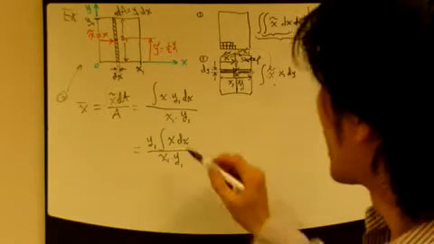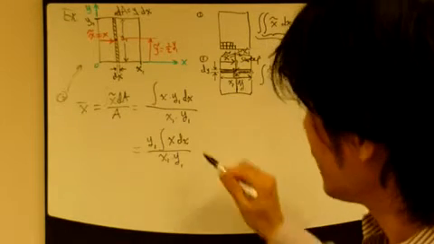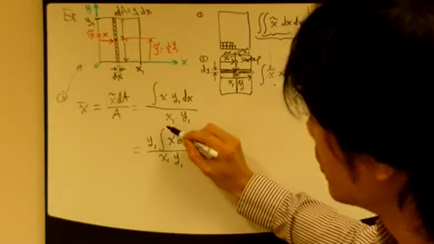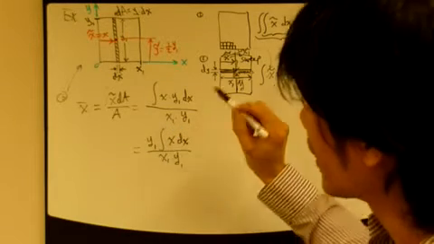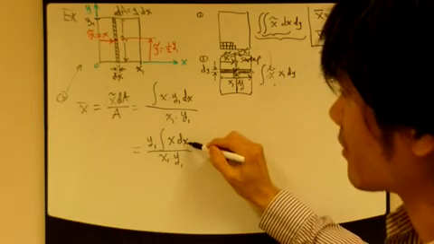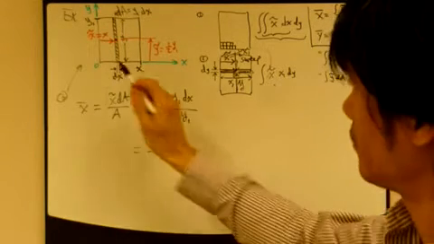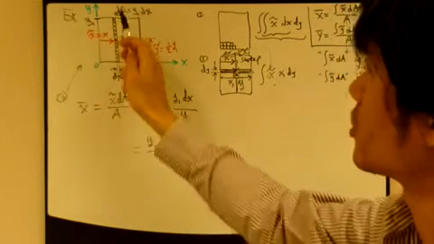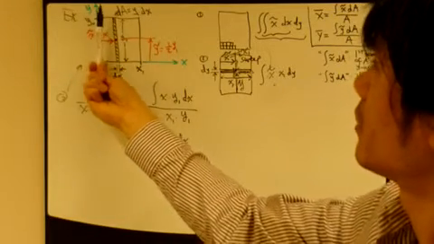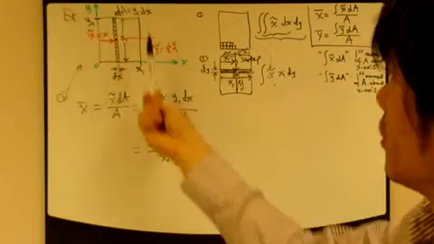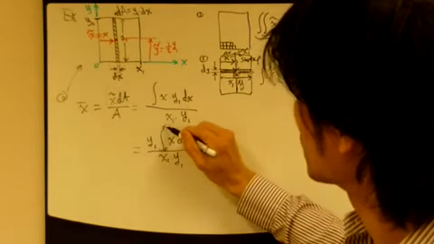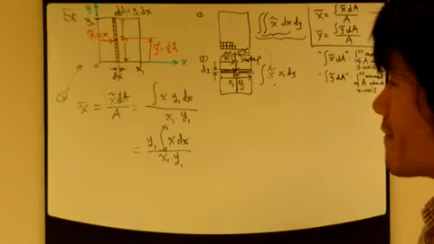Now this integral, you integrate from the lower limit to the higher limit of the x-axis, because we are integrating with respect to x. And where do you integrate from? Well, from 0, because you're trying to sweep this strip from the 0 location all the way to the x1 location. So 0 to x1.